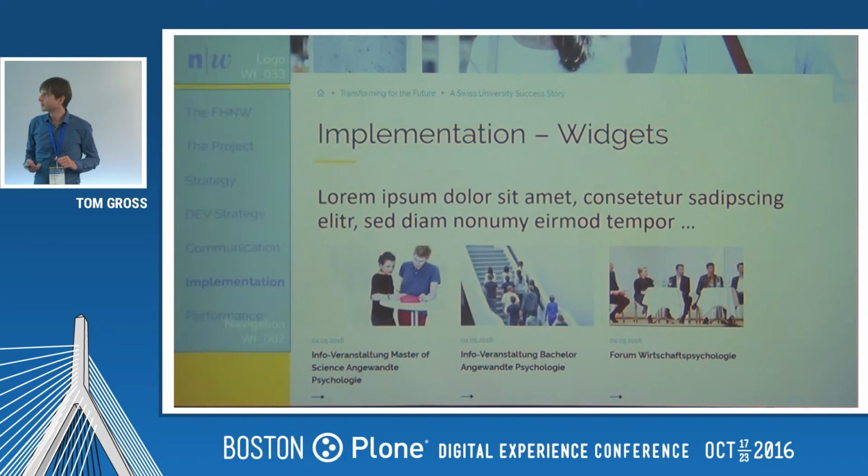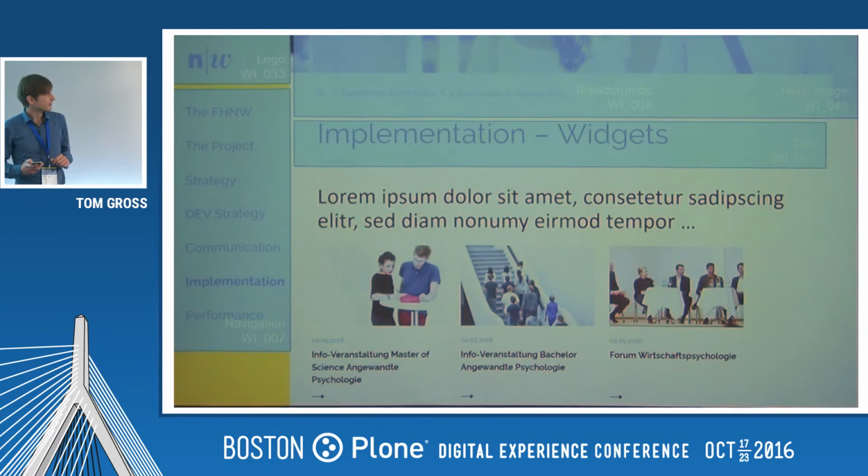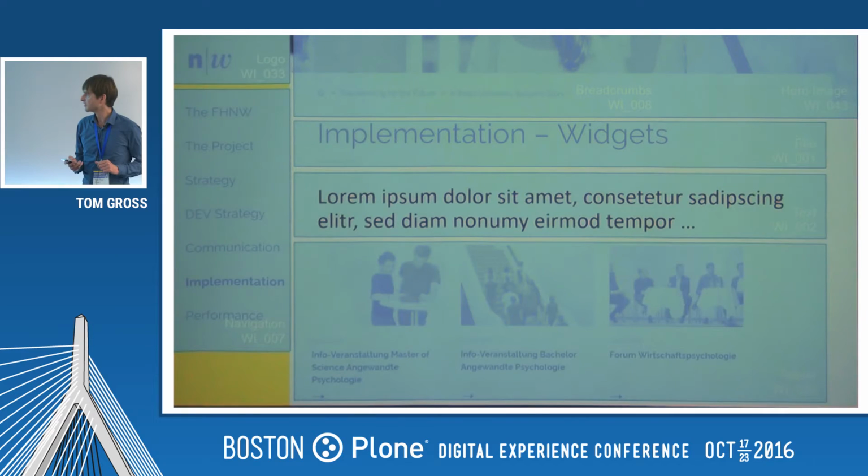And every widget has a name and a number. So through all this complex people setup working in the project, everyone knows exactly what we're talking about when we talk about WE007, that's the navigation widget.